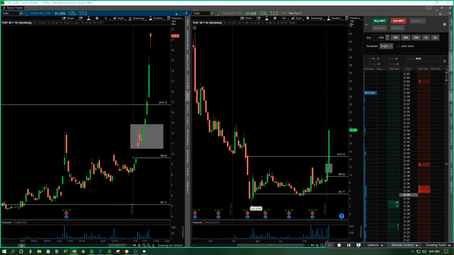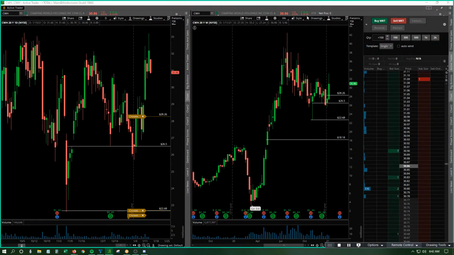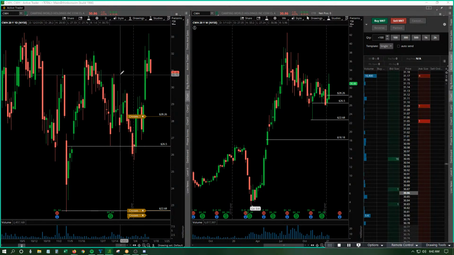Let's see what else we got going on. Trying to find stuff that we have been paying attention to that we want to take action on so we can get some trades off here. Okay, Camping World. It's been in a steady little downtrend.